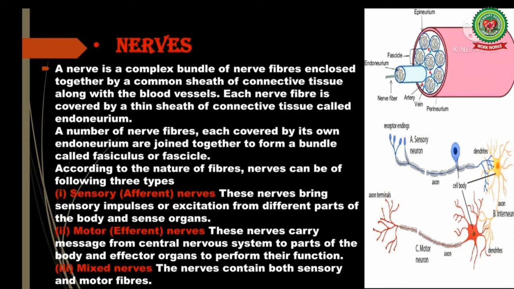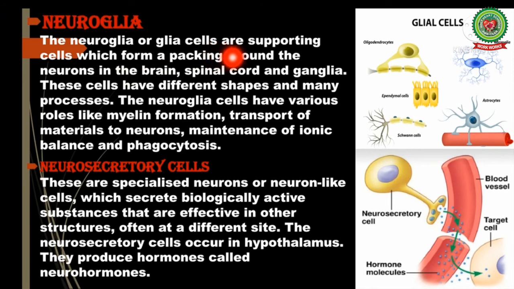Neuroglia. The neuroglia or glial cells are supporting cells which form a packaging system around the neurons of the brain, spinal cord and ganglia. These cells have different shapes and many processes. Neuroglia cells have various roles like myelin formation, transport of material to neurons, maintenance of ionic balance and phagocytosis.